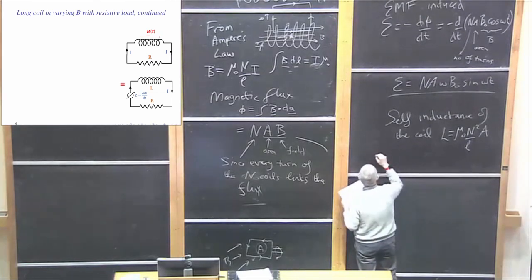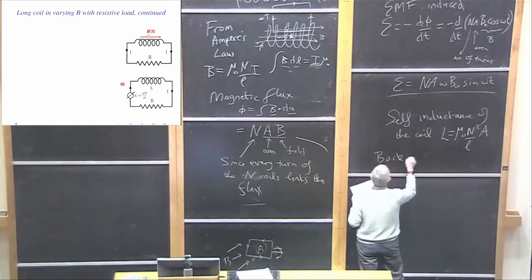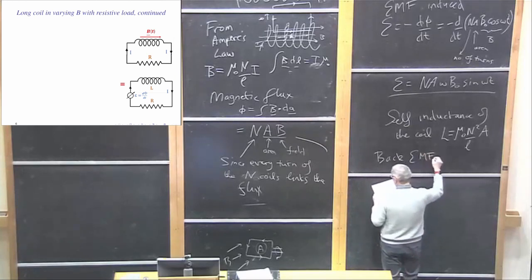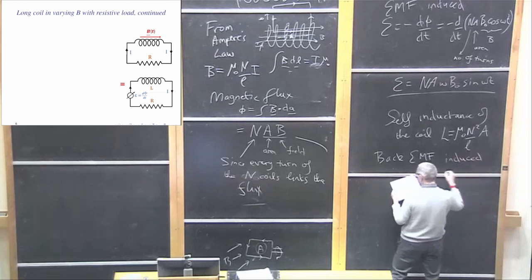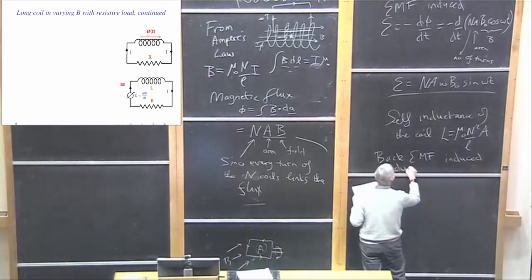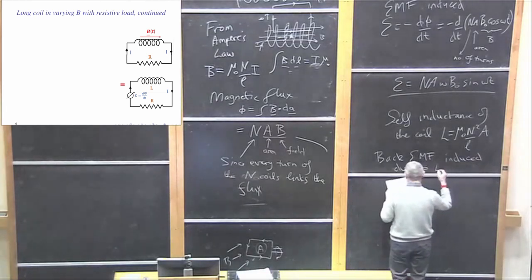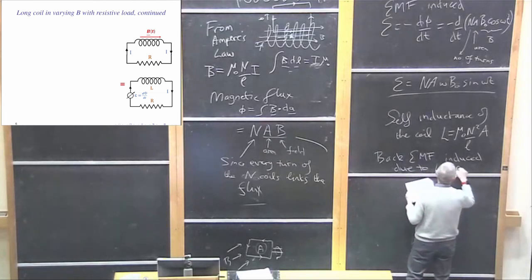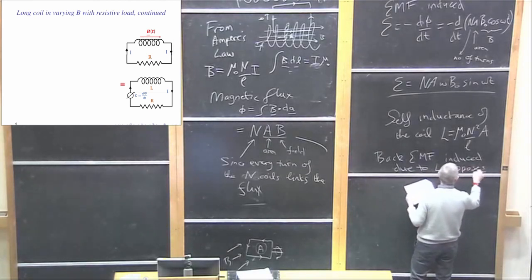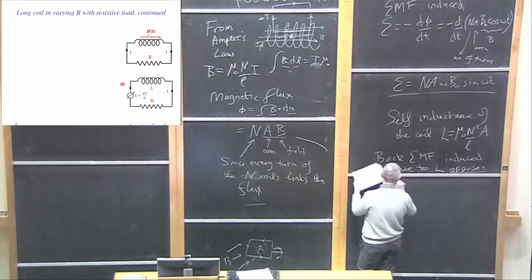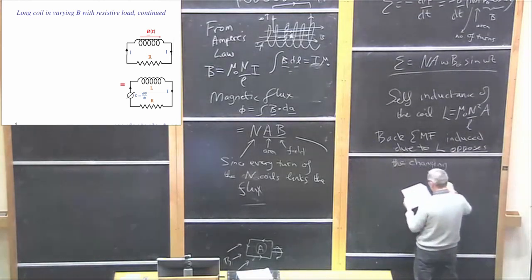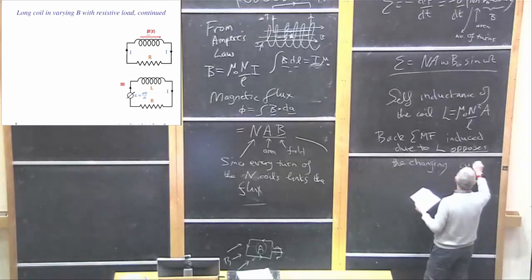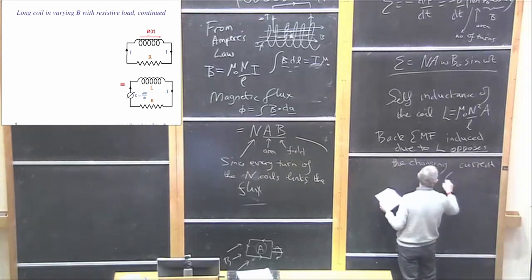So the back EMF induced due to L opposes the changing current. And that's, of course, Lenz's law.